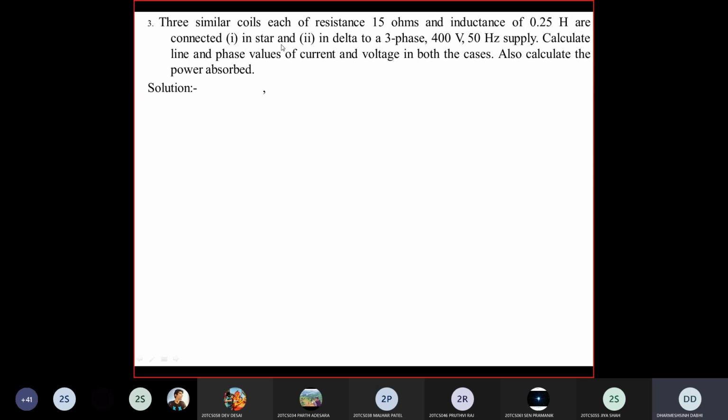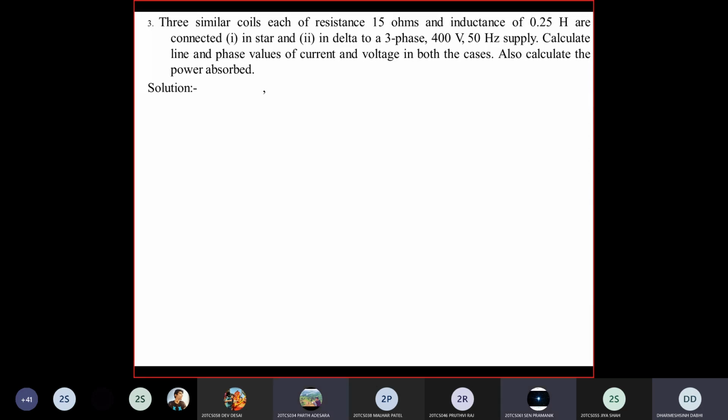First calculate for star connected and then for delta connected system: line voltage, phase voltage, line current and phase current. Clear? All of you understand the question now?